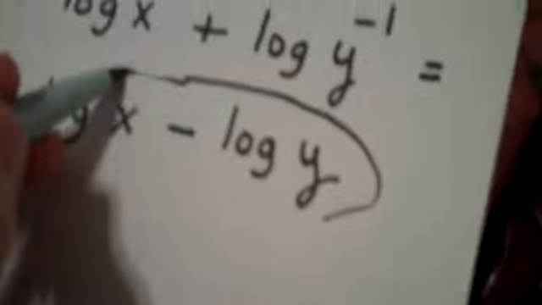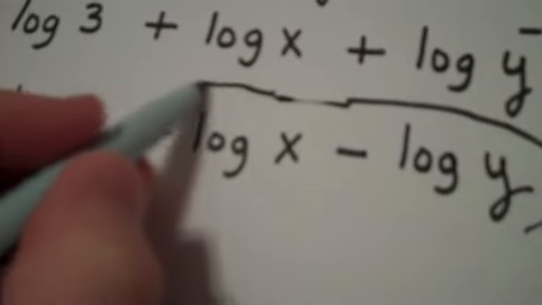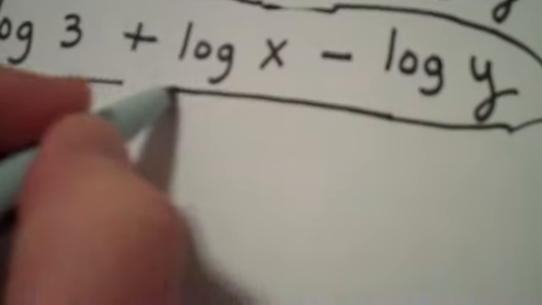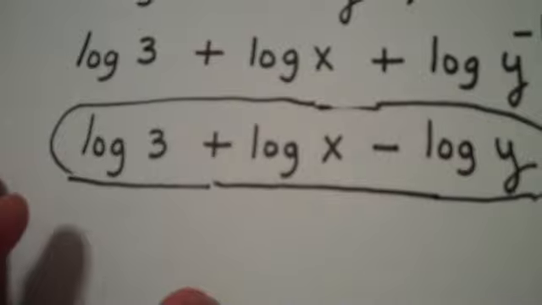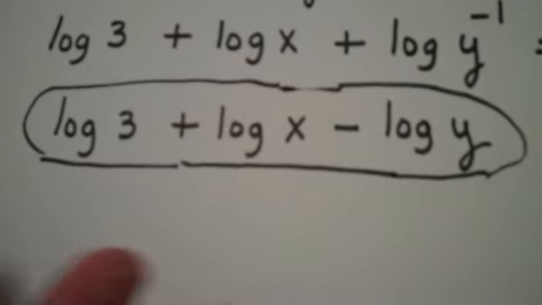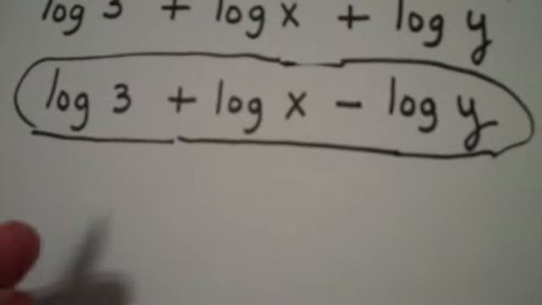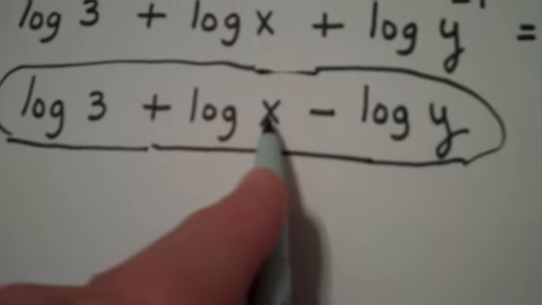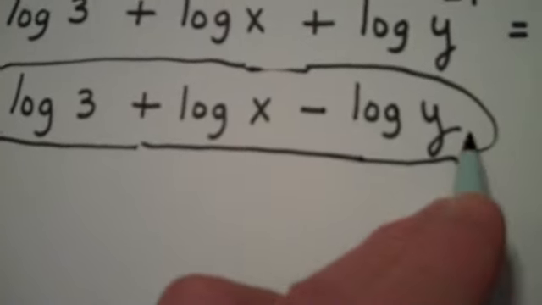And this is my final answer. So the original expression in an equivalent form by using laws of logs became log of 3 plus log of x minus the log of y.